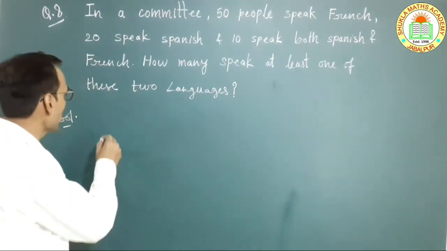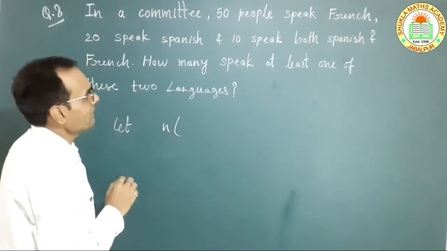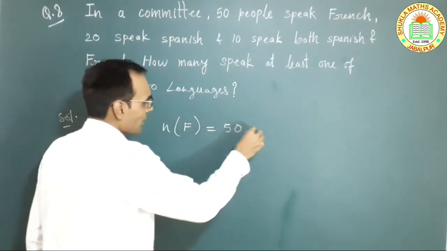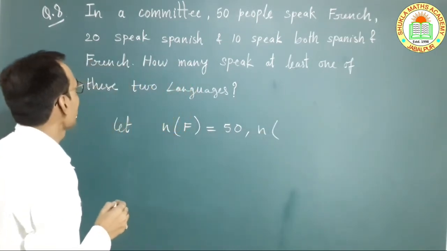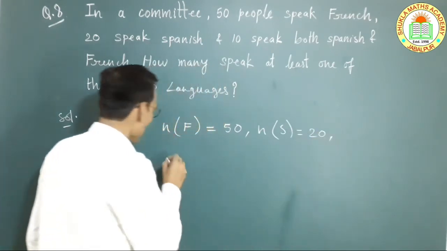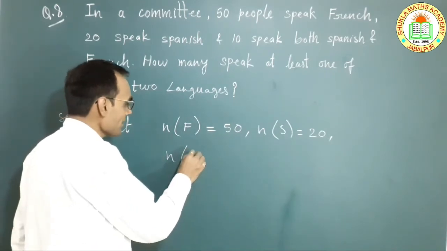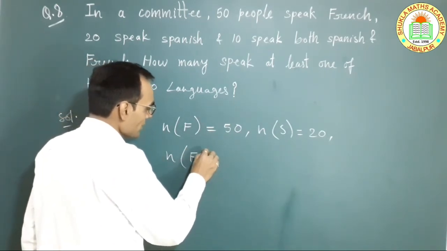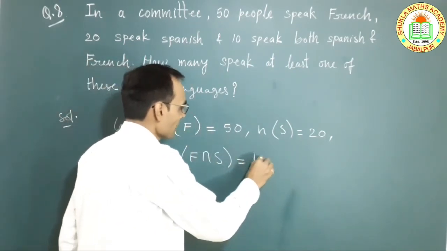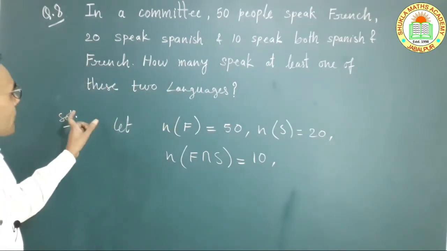So first we let the number of pupils who speak French, that is n(F), be 50, and the number who speak Spanish, n(S), be 20, and the number who speak both French and Spanish, n(F intersection S), is 10. So we have to find how many speak at least one of these two languages.